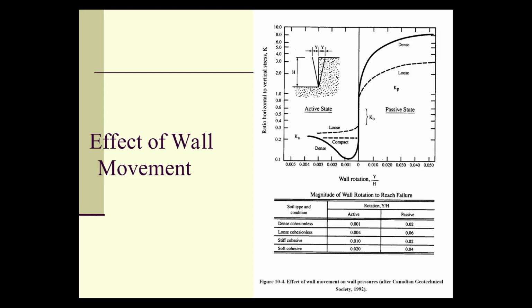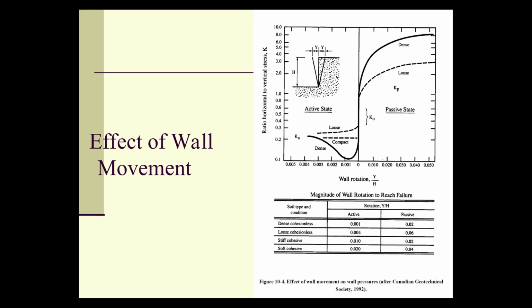But that's usually at the failure state. And on the other hand, the passive is the same way. You reach a point where the ratio of horizontal to vertical just basically steadies itself out.